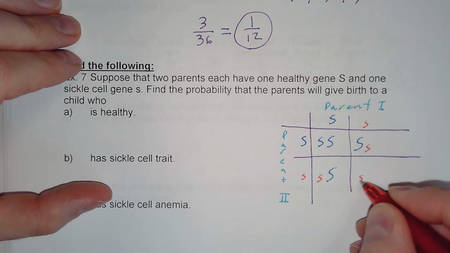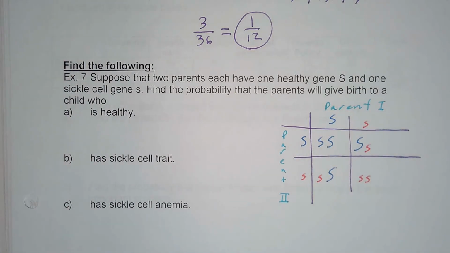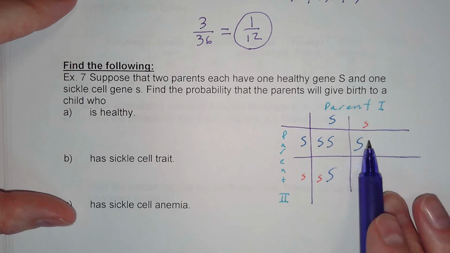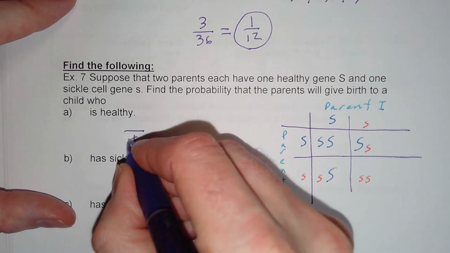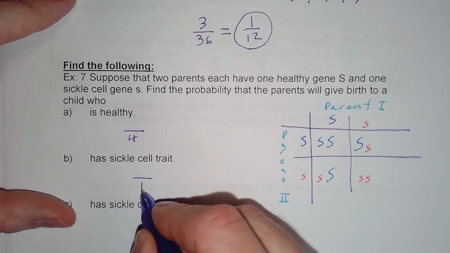Or they could end up with the unfortunate case where they end up with two sickle cell genes. So there's 1, 2, 3, 4 possible outcomes. So that's our bottom number in each of these cases.